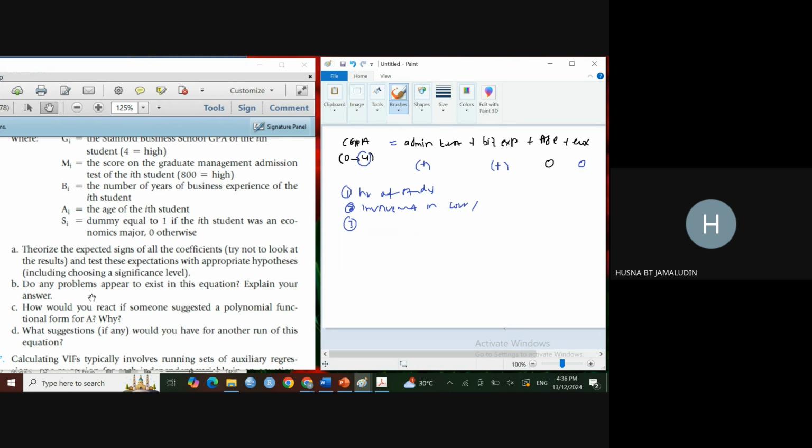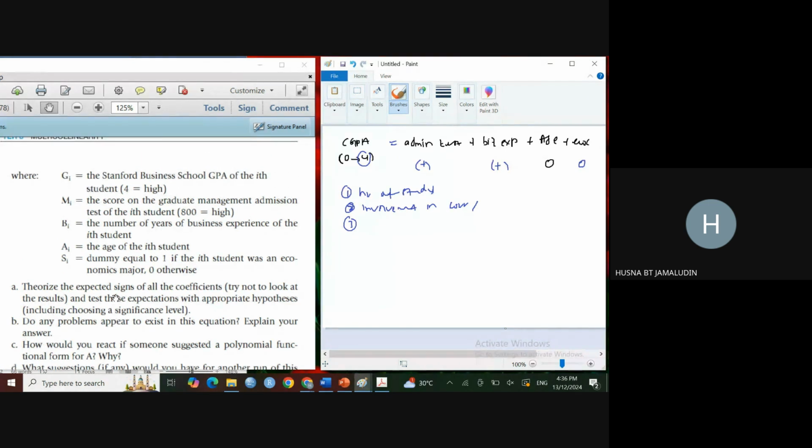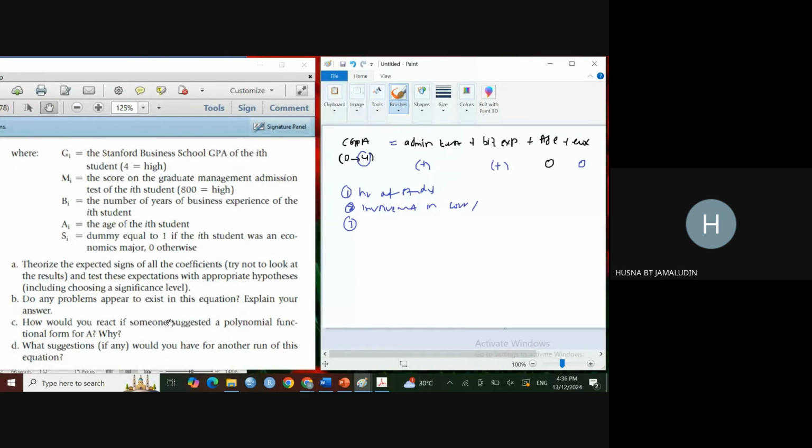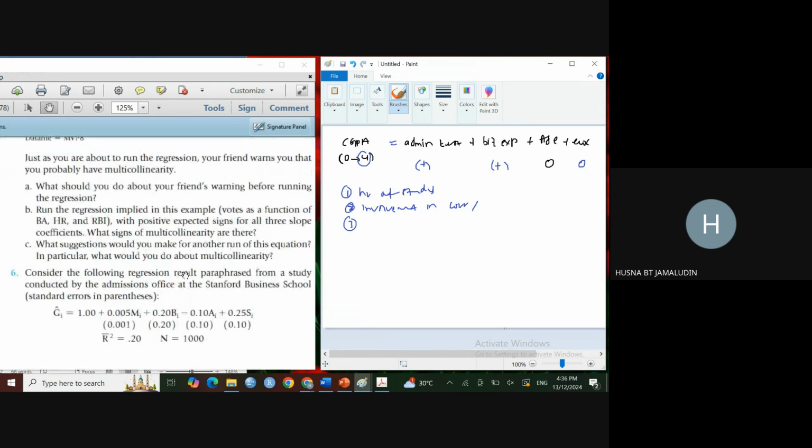Okay. How about the functional form? Remember, when we talk about econometric problems, you also have to look at the functional form, because it is under specification issues. How about the functional form? This is Lin-Lin. Is this a good functional form?